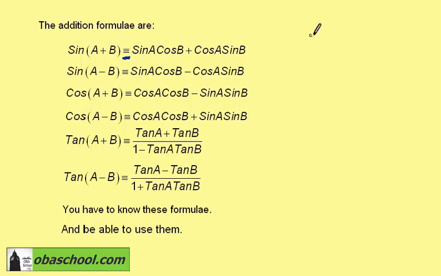Note it's an identity, so therefore it's true for all angles A and B. This is not an equation to solve, it is an identity which is true for all angles.